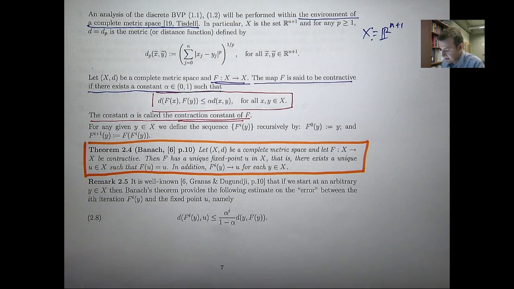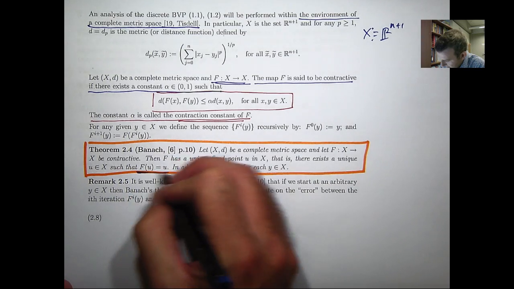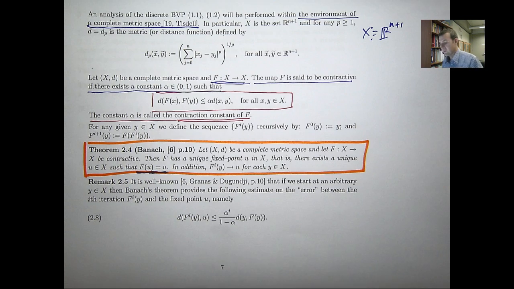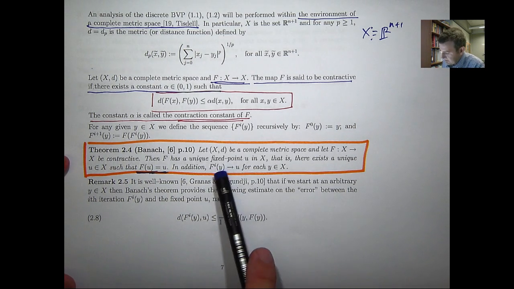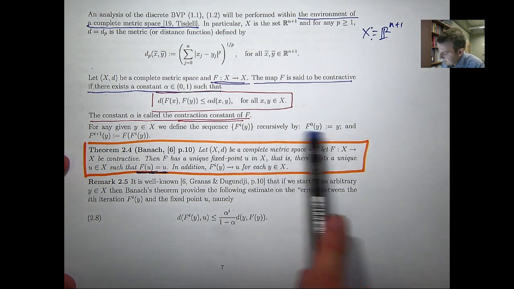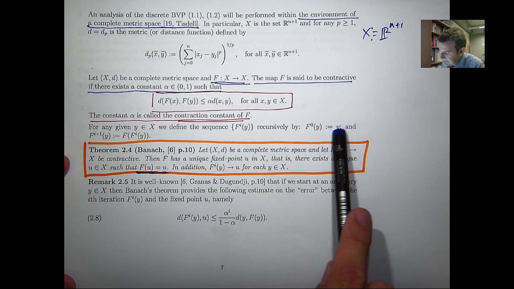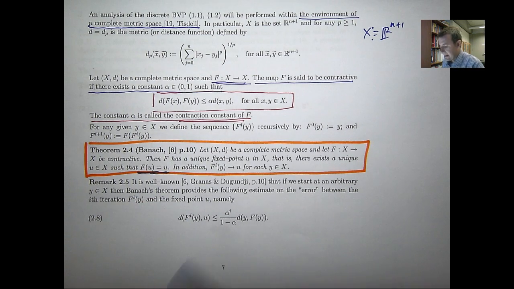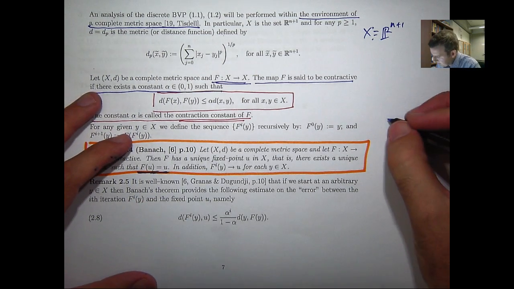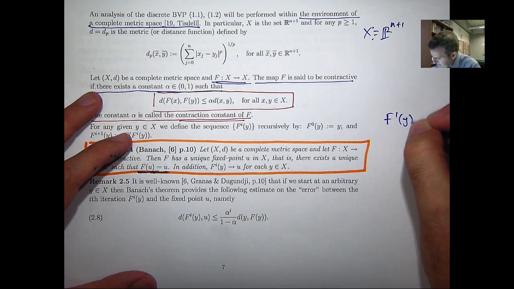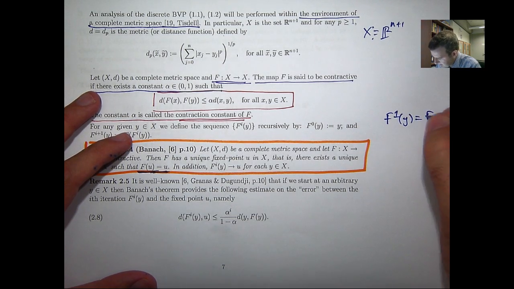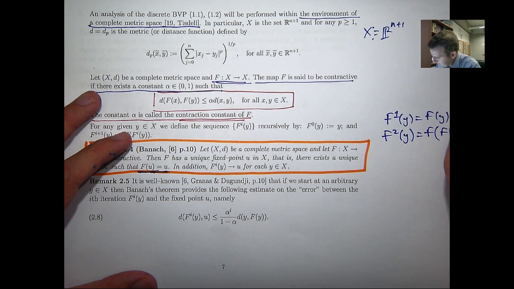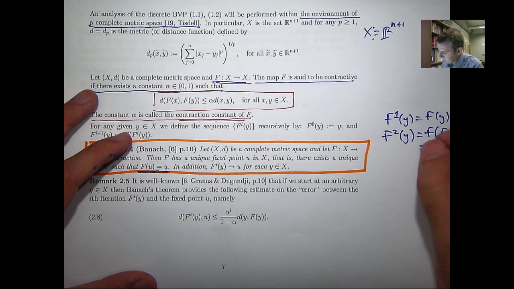That is, there exists a unique element, u, in our set big X, such that F of u equals u. And if we define a sequence, F^i of y, by starting at some arbitrary point or element y in big X, and then having F operate on that point, so F^1 of y is just F of y, F squared of y would be F of F of y, and so on.